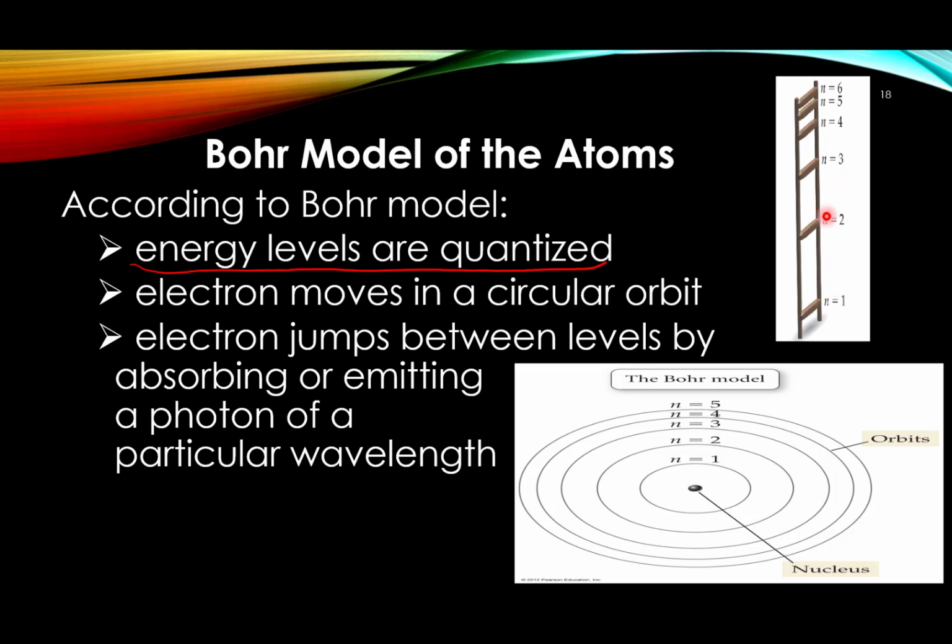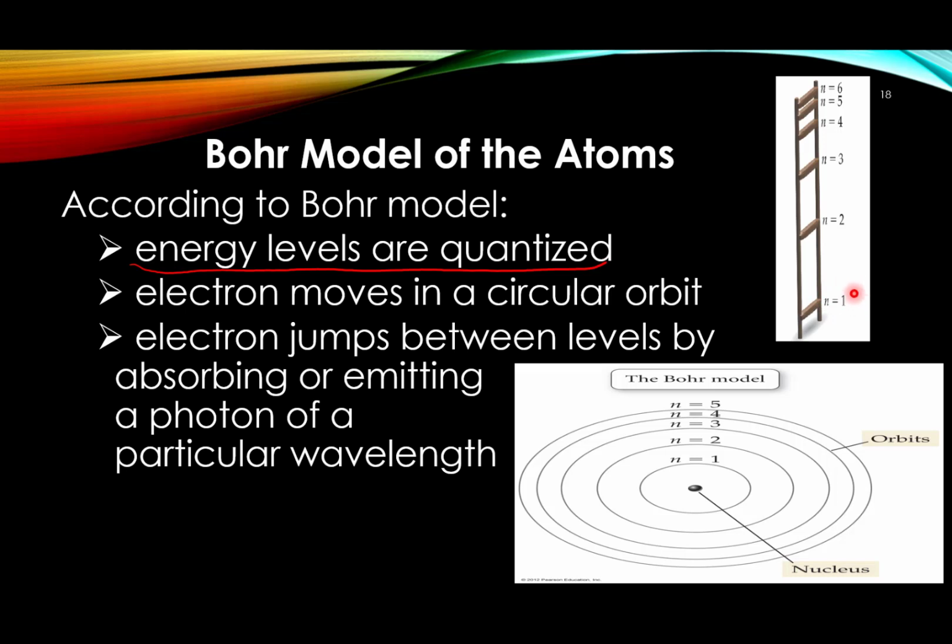Even if it wants to go back down from 4 to 1, it has to go through 3, then back to 2, back to 1. It's just like that guy getting that can of Pepsi. It has to go through every single step. And electrons, again, have to go through every single energy level.